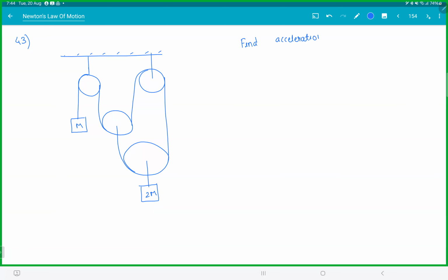All pulleys are massless. Try. Just try and be back in a minute.